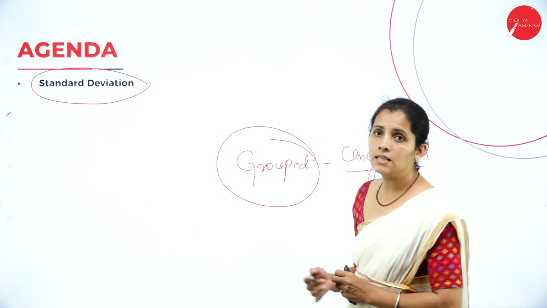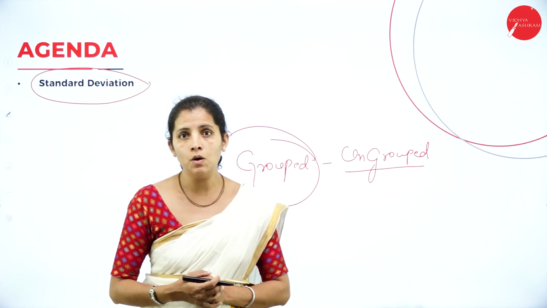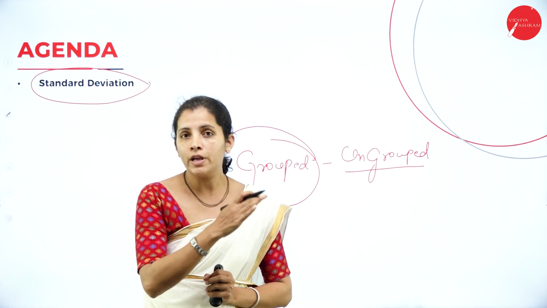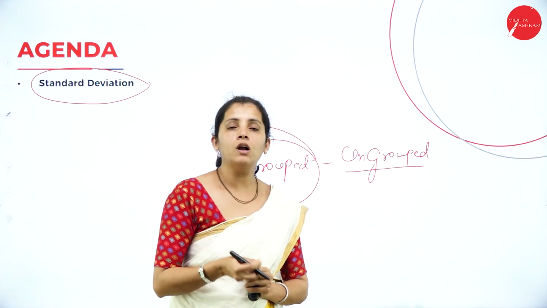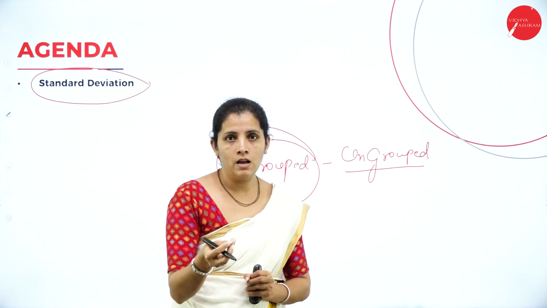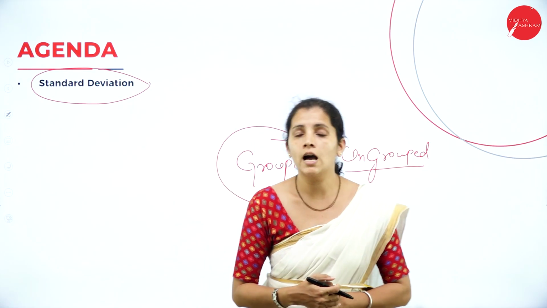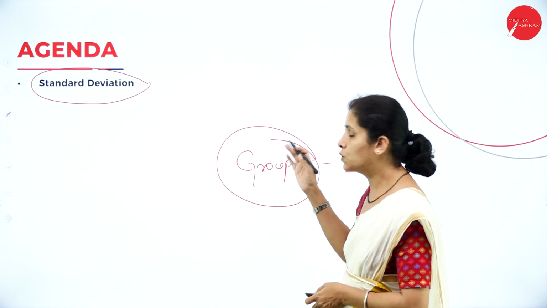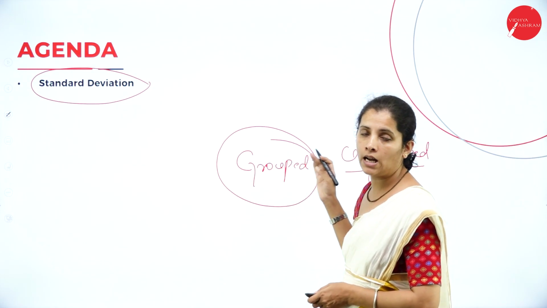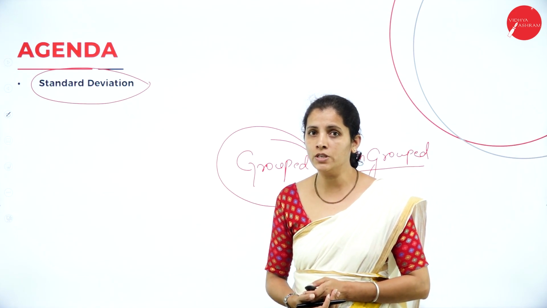And if I consider continuous frequency distribution, then there is a frequency distribution between some elements or some variable. And by using different kinds of methods, I'm going to find the standard deviation of group data, ungroup data, as well as continuous frequency distribution.